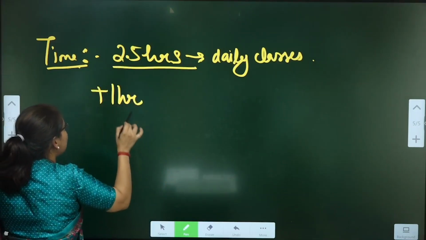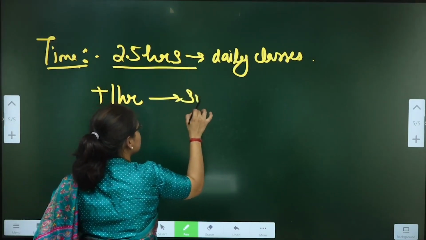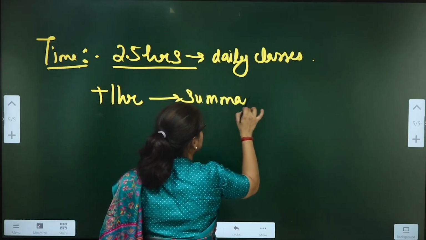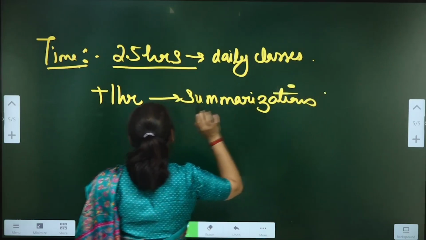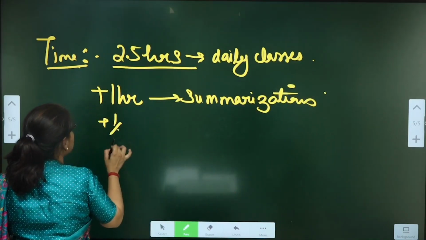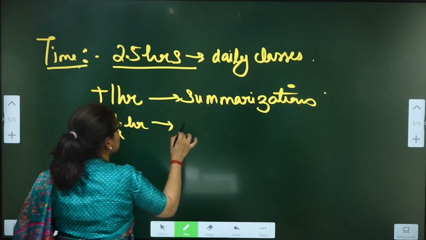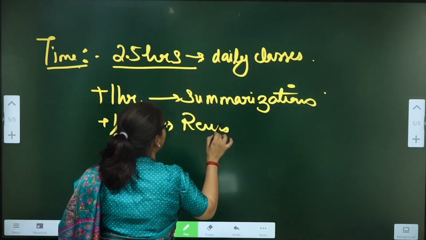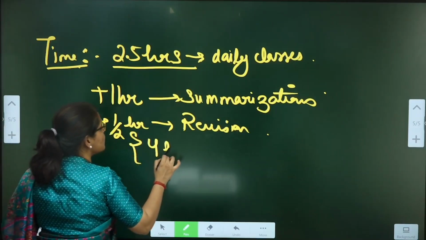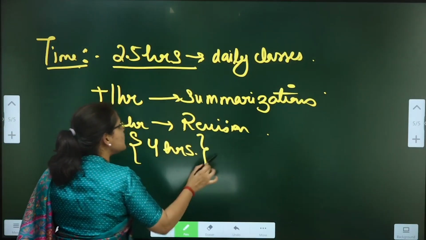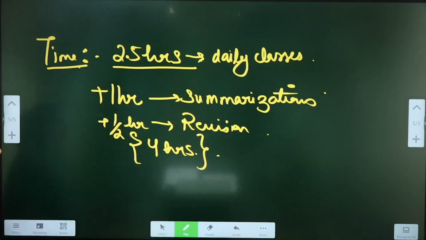Plus you will require 1 hour for making summarizations. And let's say half an hour for revision. So approximately 4 hours on a daily basis, sometimes less, sometimes a bit more, right?